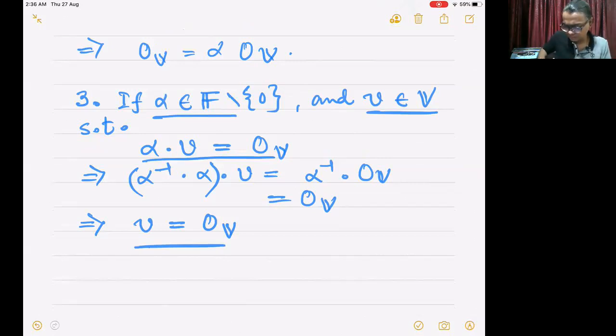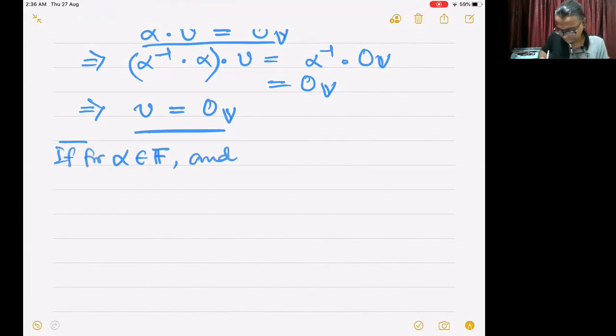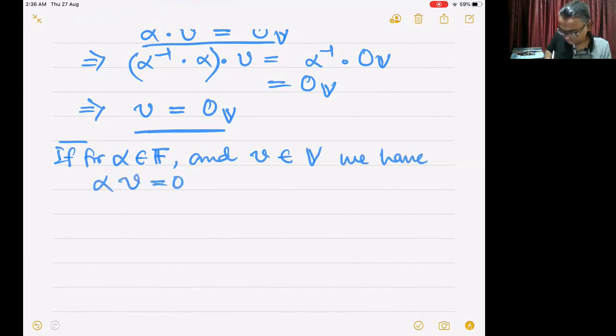So in other words, we have this nice property that for alpha in F and v in V, if alpha v is equal to 0, then either alpha is 0 or v is 0.